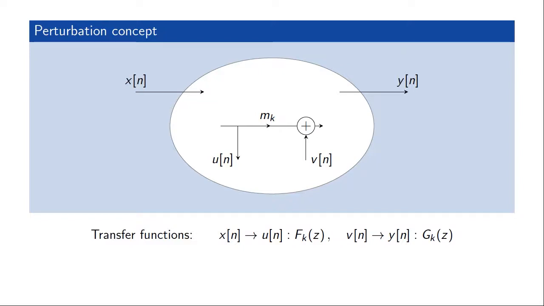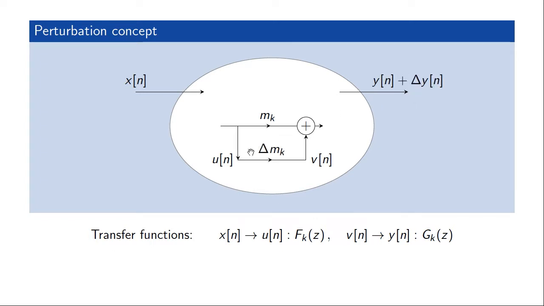Now we can define transfer functions from x[n] to u[n], and from v[n] to y[n]. The transfer function F_k(z) tells us what happens to the signal as it passes from x[n] to u[n], and the transfer function G_k(z) tells us what happens to the signal when it enters at v[n] and passes to y[n], the output of the entire system.